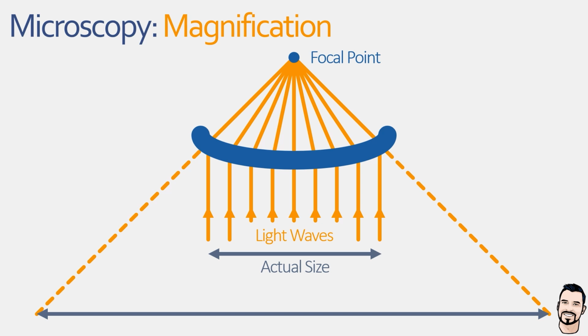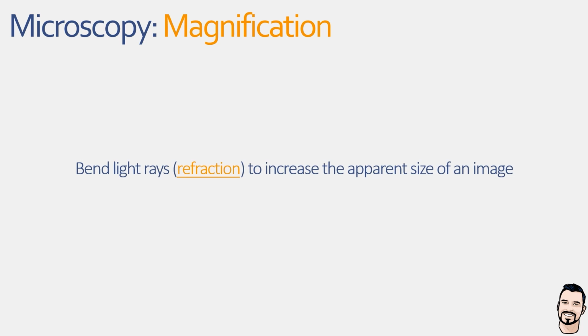This means the object appears much larger than it actually is. And so by manipulating how light converges and is redirected through lenses, microscopes take advantage of this effect to create magnified images with an increased apparent size, allowing us to see microscopic details that would otherwise be invisible to the naked eye.